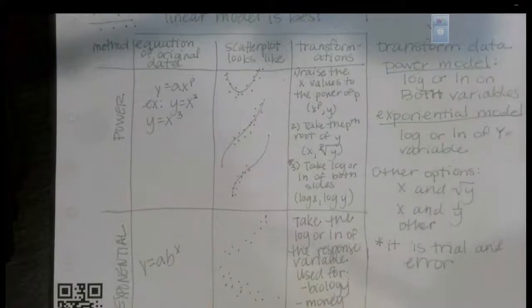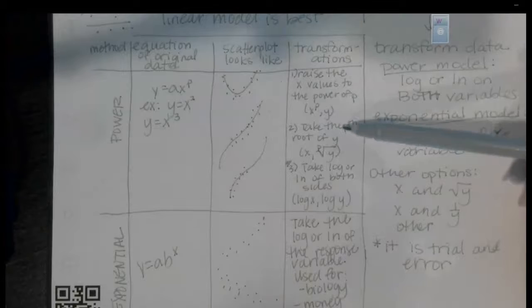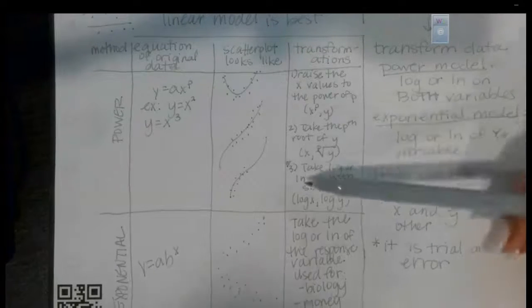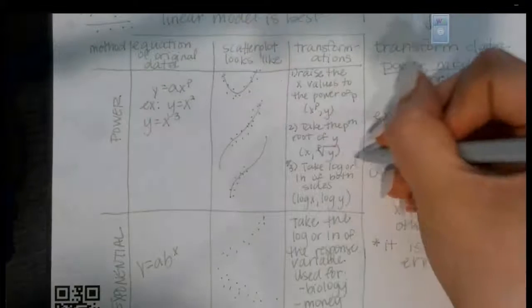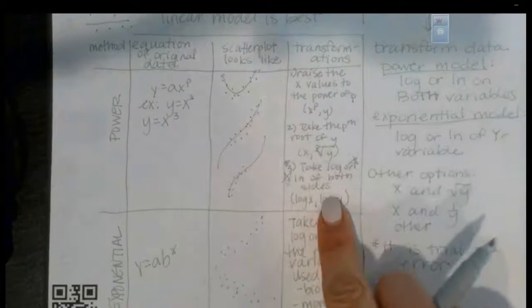You can play around with the menu, analyze, and then the different functions on there to see which one does give the best fit. And your transformations are: you'd raise the x values to the power of p, or you can take the pth root of y, or you can take the log or natural log of both sides. And if you do this, then you don't have to worry about these decisions. So for the most part, we'll just use this here.